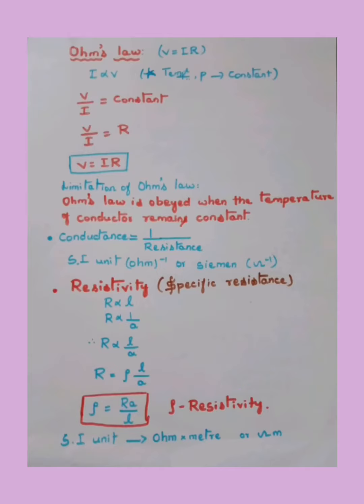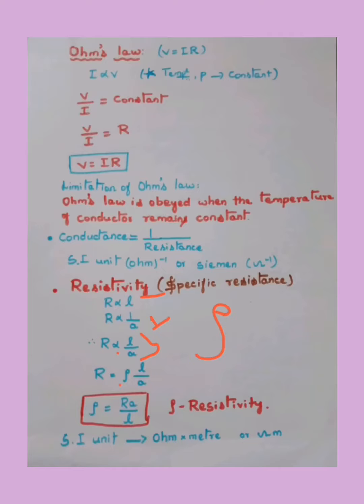As we have already learned, resistance of the conductor is directly proportional to the length of the conductor, and resistance is also inversely proportional to the area of cross section. Writing them together, we get R directly proportional to L and inversely proportional to A. Removing the proportionality sign, we insert a constant rho.